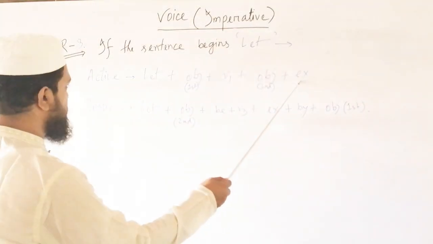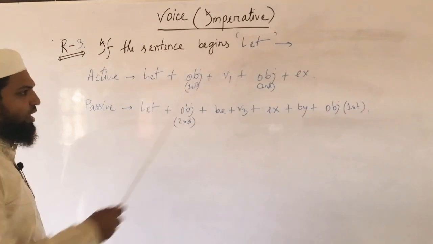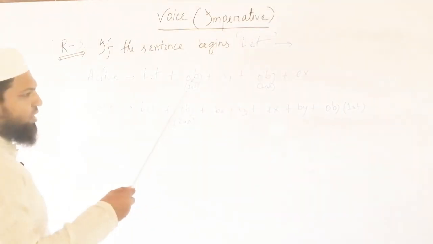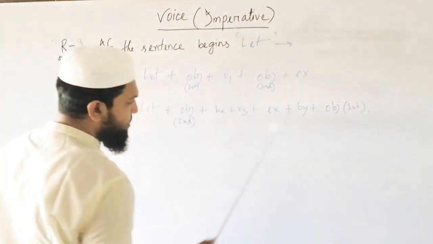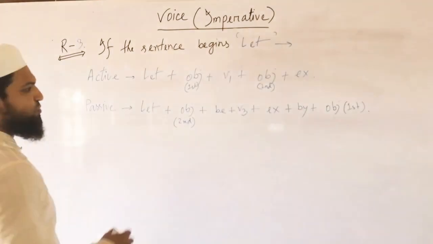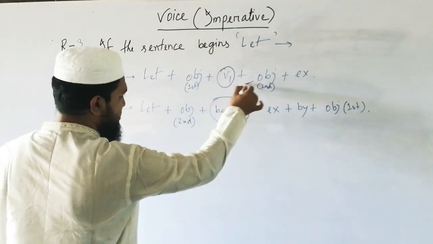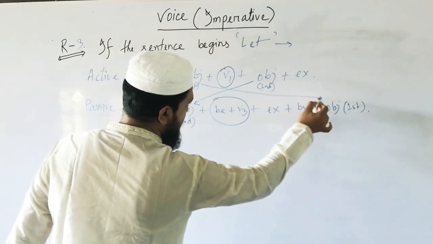Okay, extension. But to make it passive, I have to use let first and then object second. Verb will be verb 3 and then extension and then by plus object first. Verb 1 will be verb 3, object second, and object first will go last.